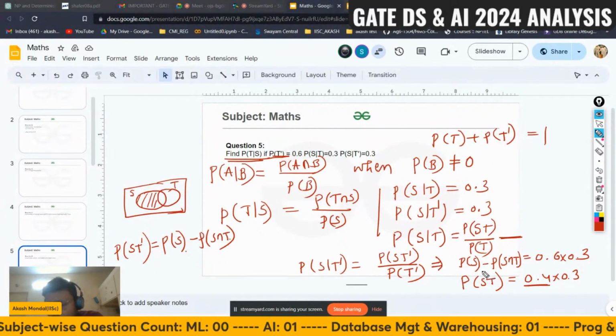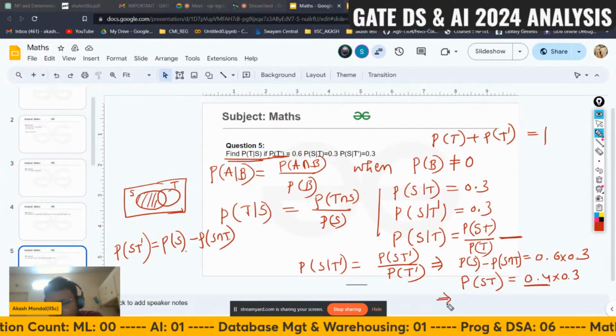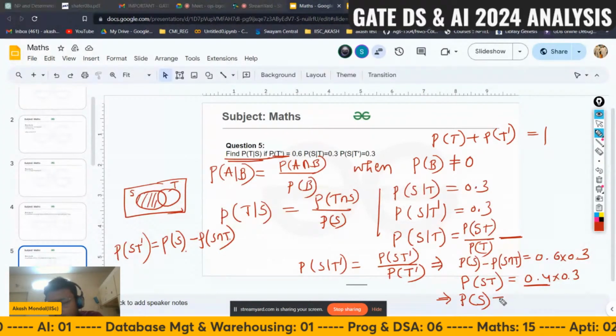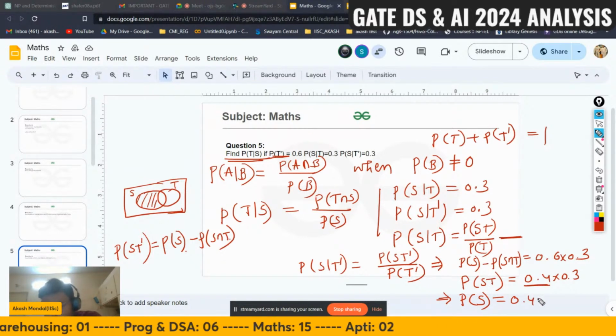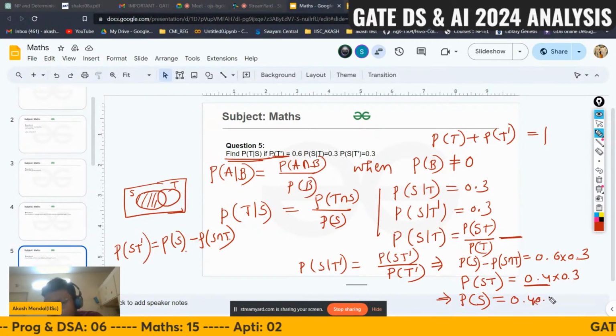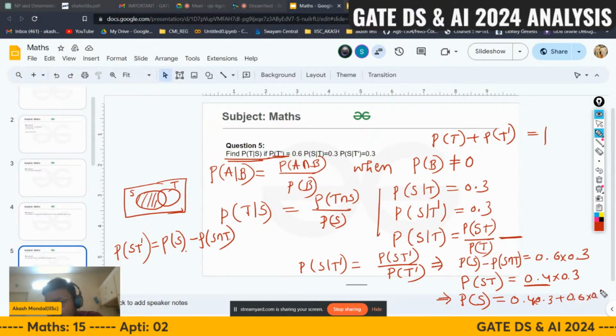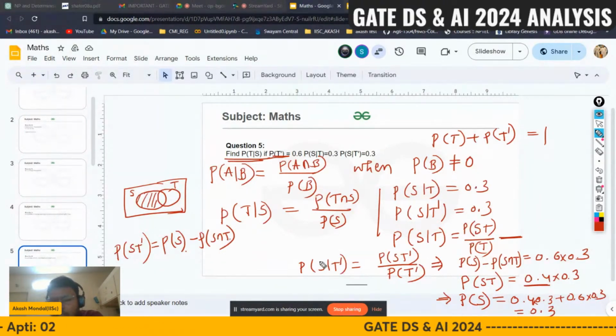So from this you can compute P of S, which is 0.4 times 0.3 plus 0.6 times 0.3, which is 0.3.